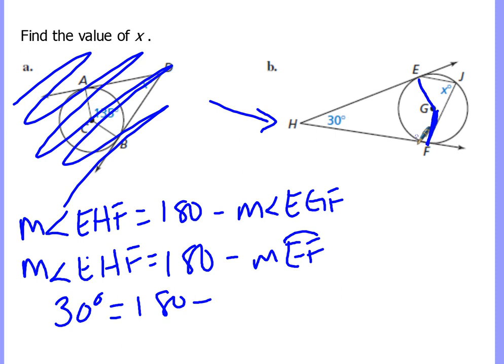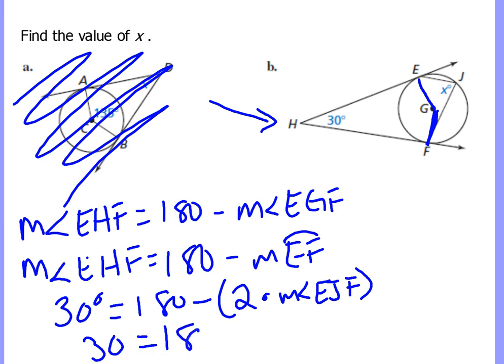So that means the measure of EF is twice the measure of EJF. So 30 equals 180 minus 2 times EJF, which is X.